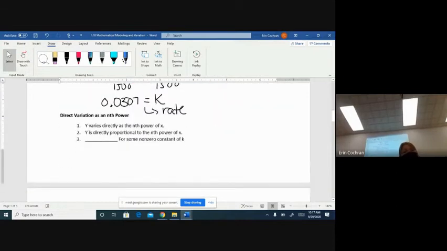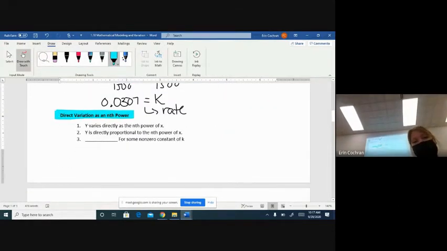Okay, so we also have direct variation as an nth power. So we have exponents here, right? In this case, it says y will vary directly as the nth power of x. So y is directly proportional to the nth power of x. The only thing that changes in our formula is that we still have y equals kx, but x is to the nth power.